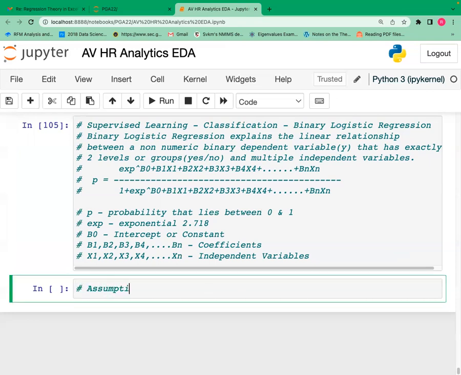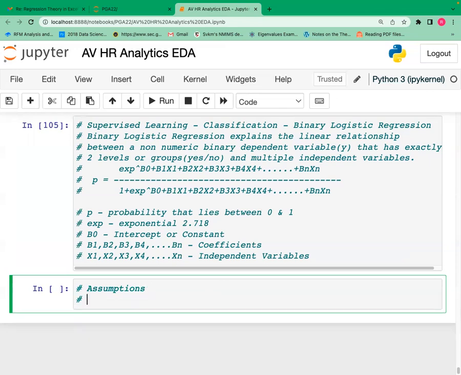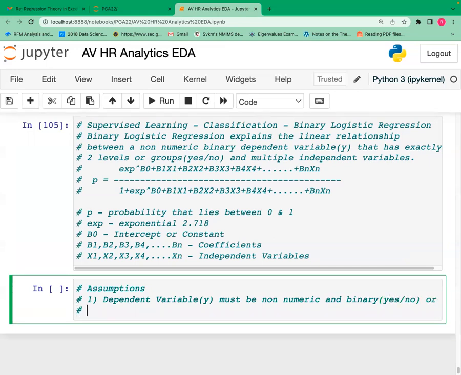Assumptions. The assumptions are: the dependent variable y must be non-numeric and binary. It must be either in the form of yes or no, or true or false.